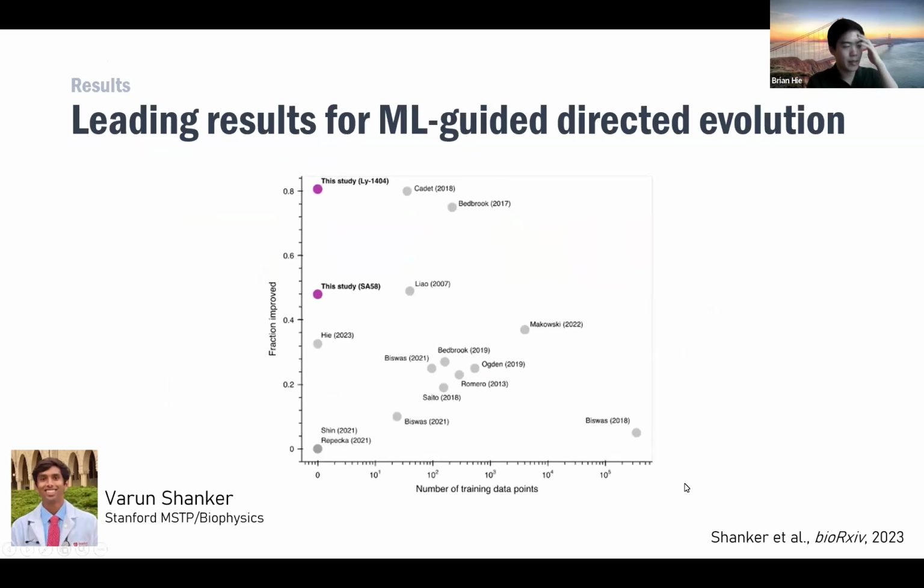And finally, just to put this in context, within the literature of machine learning guided evolution, there's this literature where you can train on task-specific data, and you train a supervised model to guide antibody evolution, and then use the outputs of that supervised model to guide additional rounds of evolution. And we're operating in this regime where we actually assume no task-specific training data.